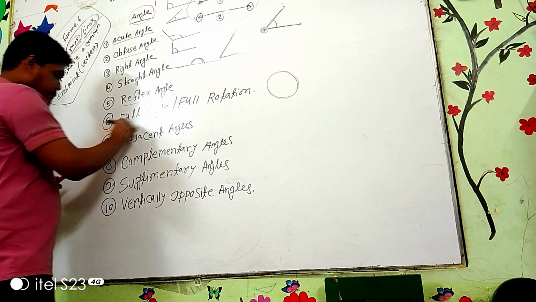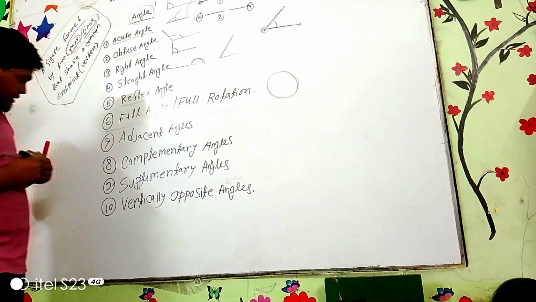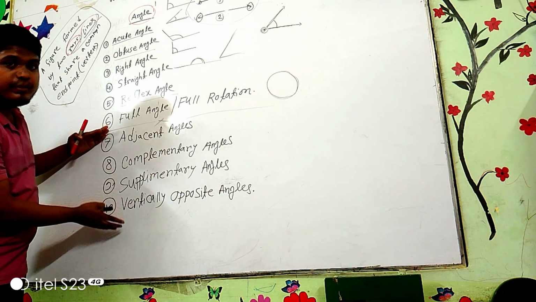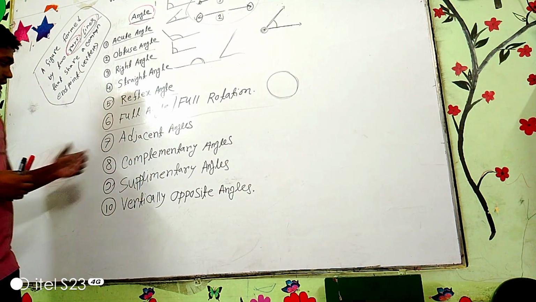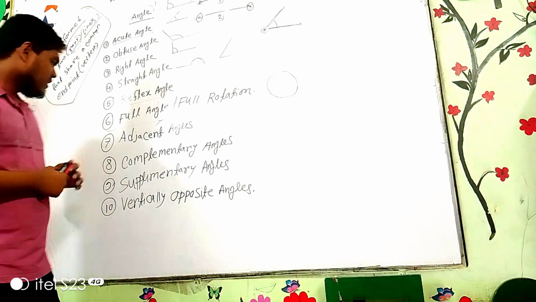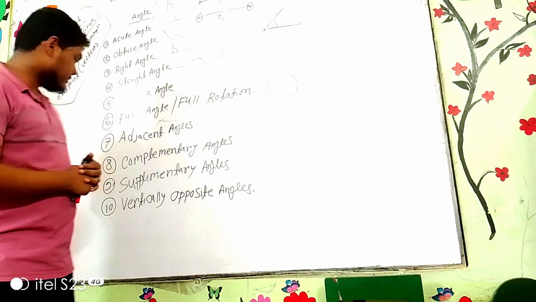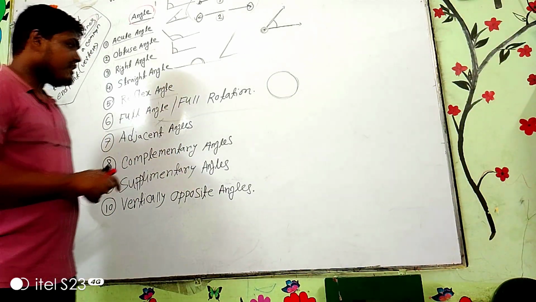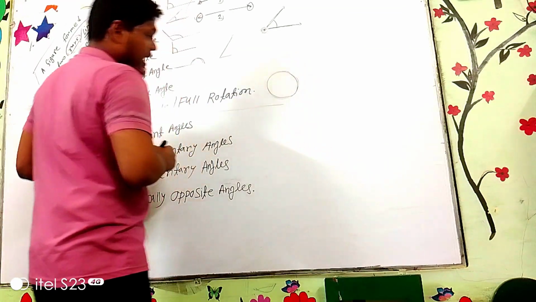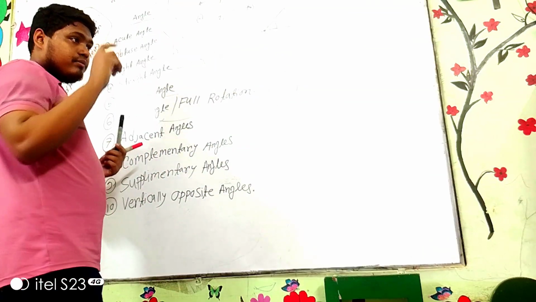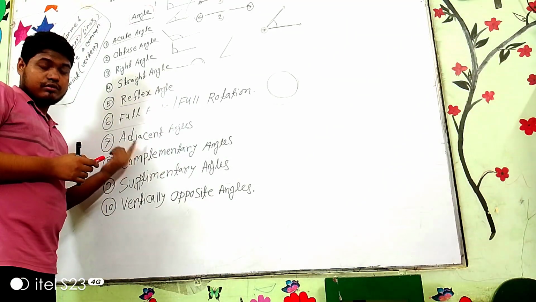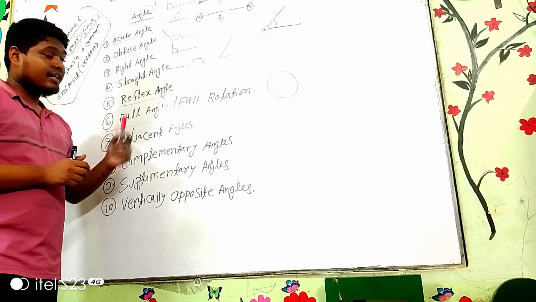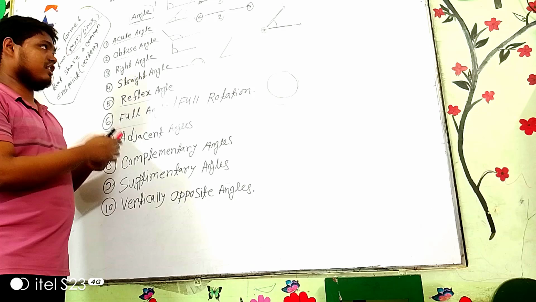And these last four are combinations of angles. Adjacent angles. So what is adjacent angles? There are two angles and they have a common side and common vertex.